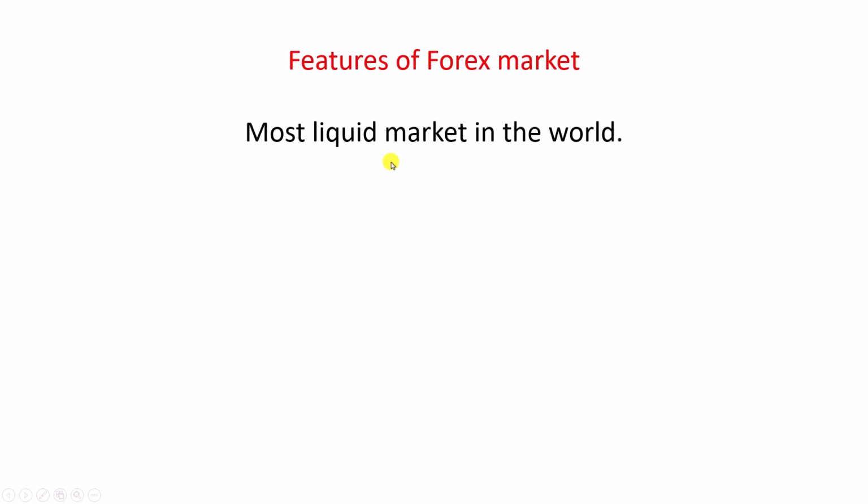So that is a very high volume when compared with the stocks. Alright? You might have been trading in stocks or derivatives. The volume of Forex is much more than the volume of stocks being traded.